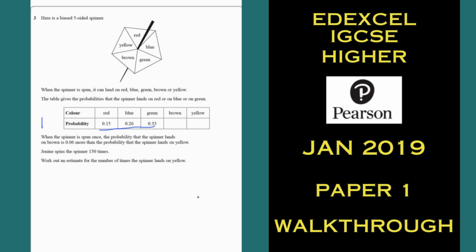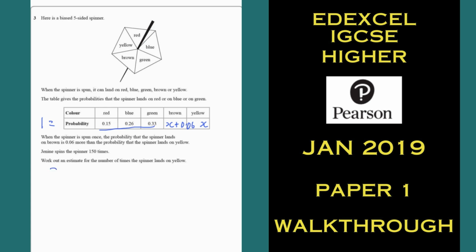You're told that when the spinner lands on brown, it's 0.06 more than yellow. So we don't know yellow, we don't know brown, but we know we can write 0.06. So that entire line should add up to 1.